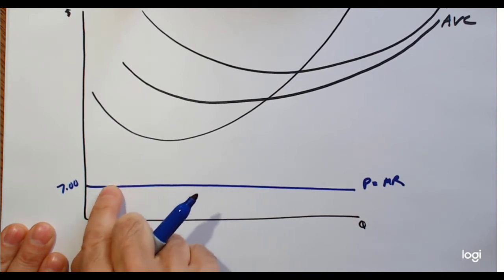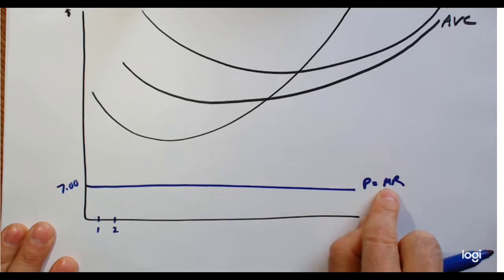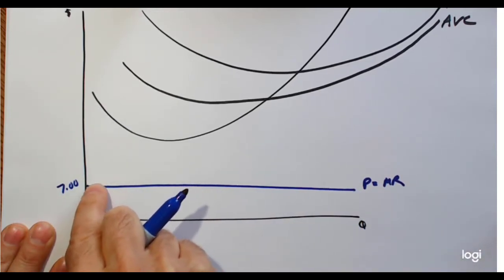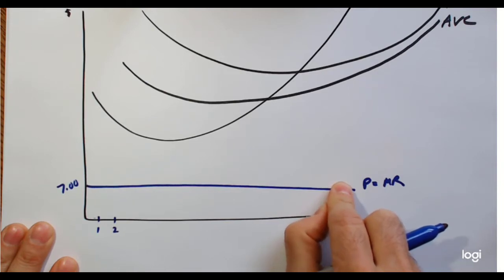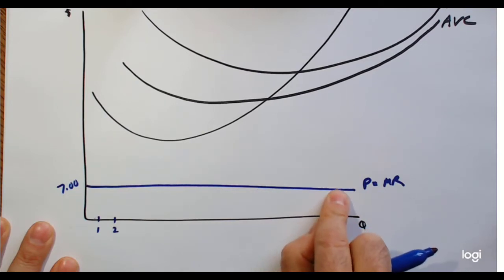You sold another unit, so that's your marginal revenue. So your price and your marginal revenue is this. It's flat because no matter how much this firm produces, it's a small bakery. It can't influence the price of the market, and so we imagine that it can just sell at $7.